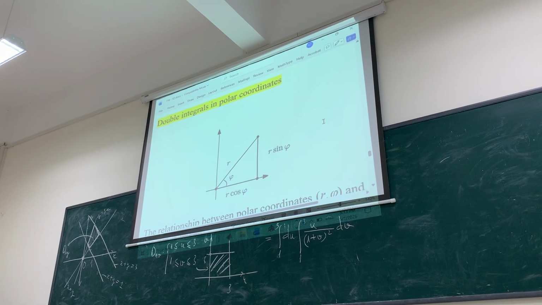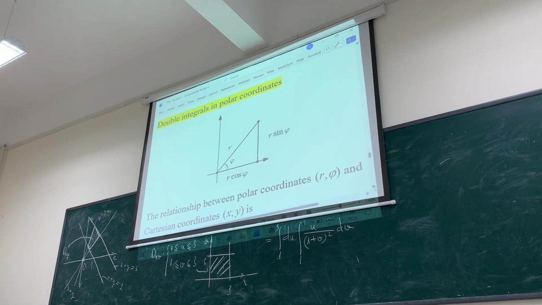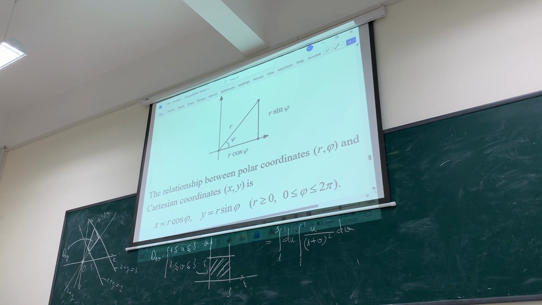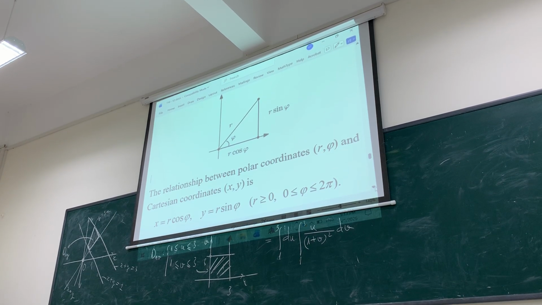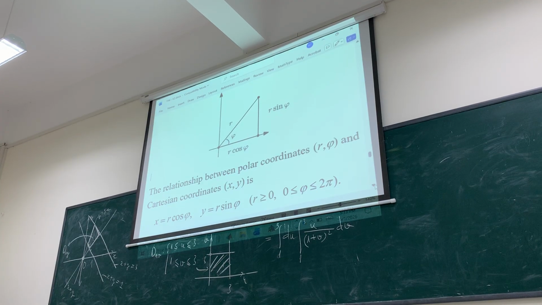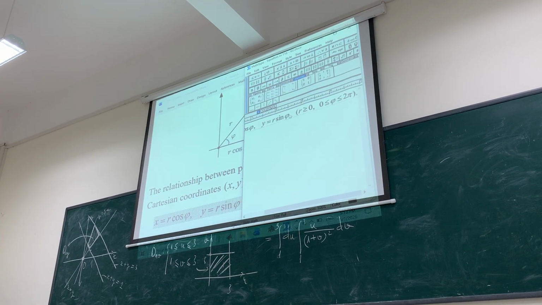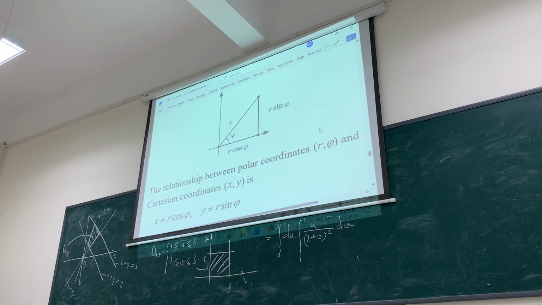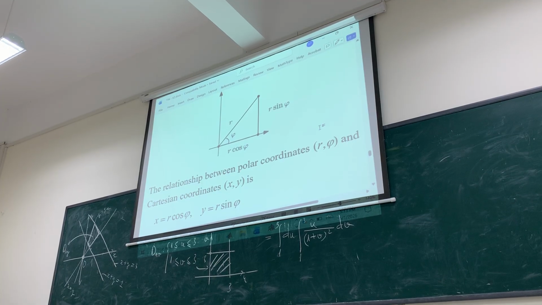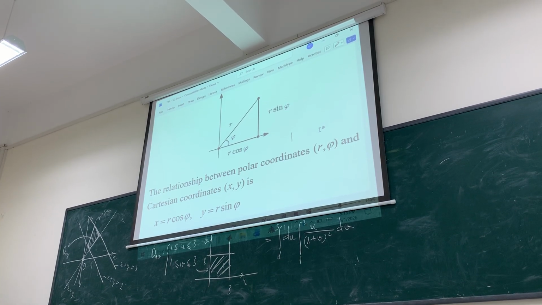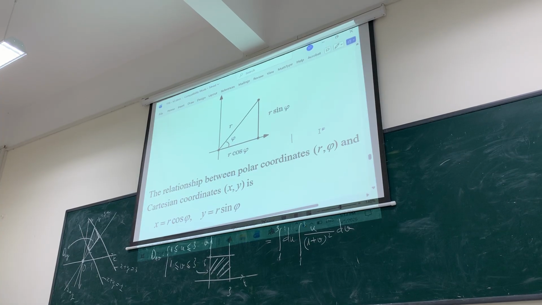Polar coordinate is that we express x, y by this: x equals r cosine phi, y equals r sine phi. We need to express x, y by r and phi.